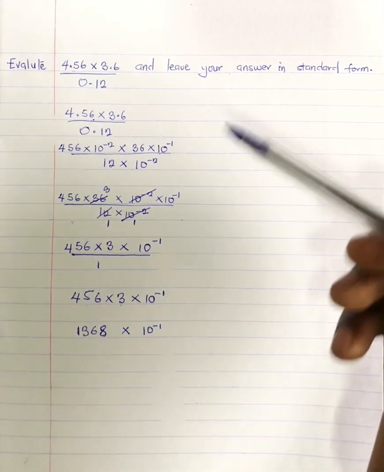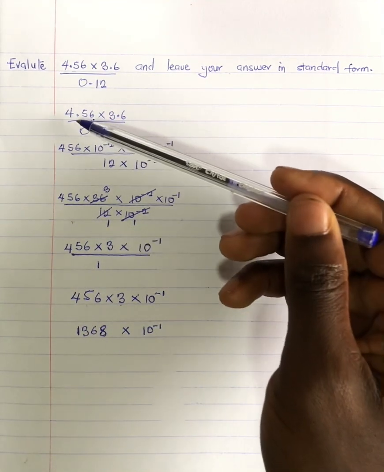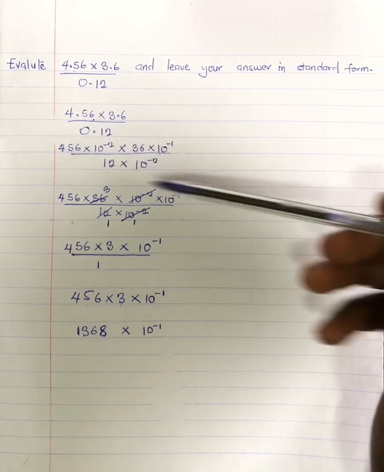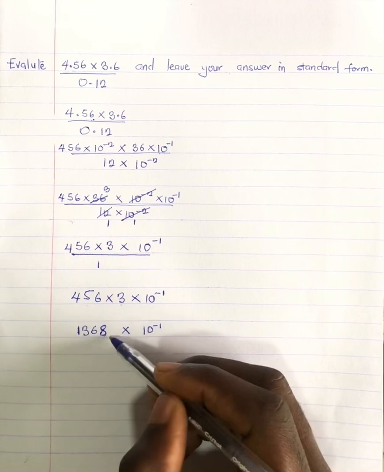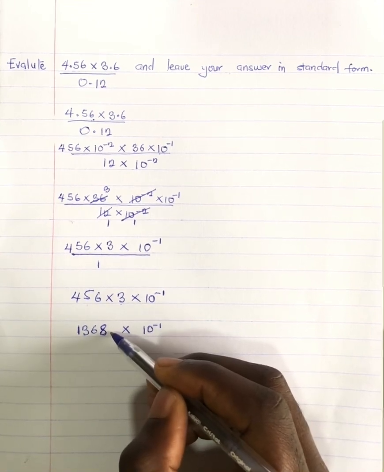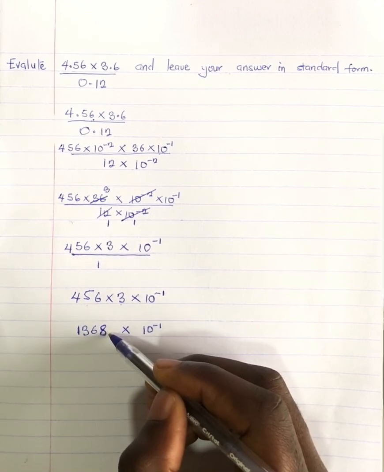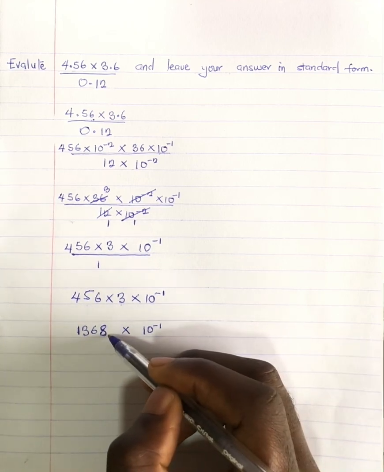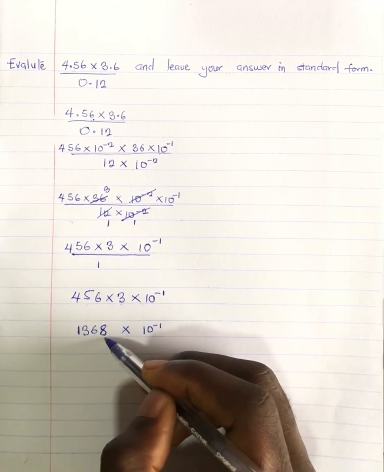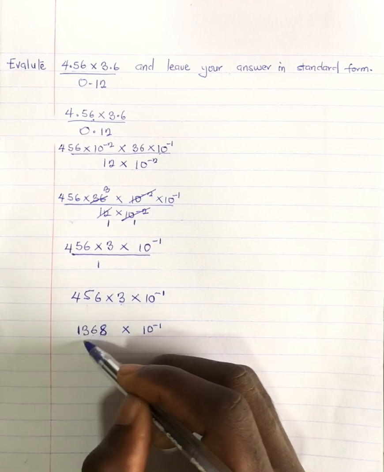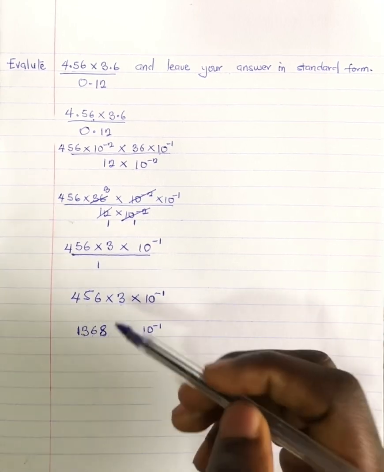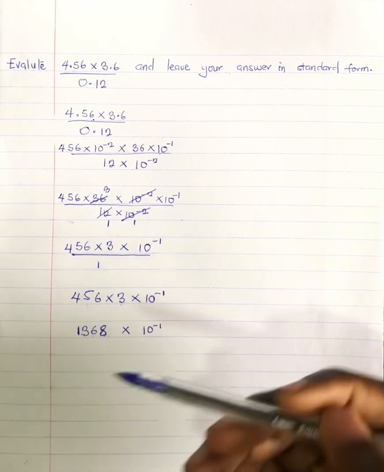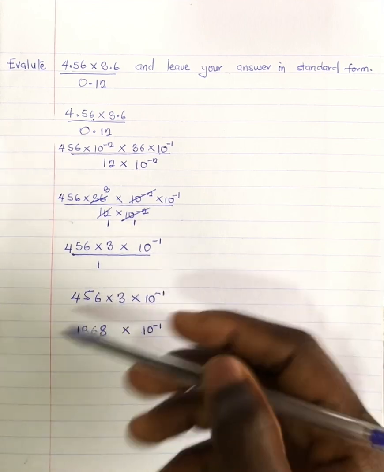But initially, when we started, we moved the decimal points back. So meaning the decimal point is now here at the back. So to bring it back, we have to push it forward. So let us do that. 1, 2, 3. Now when we push the decimal point forward, it gives a positive power.